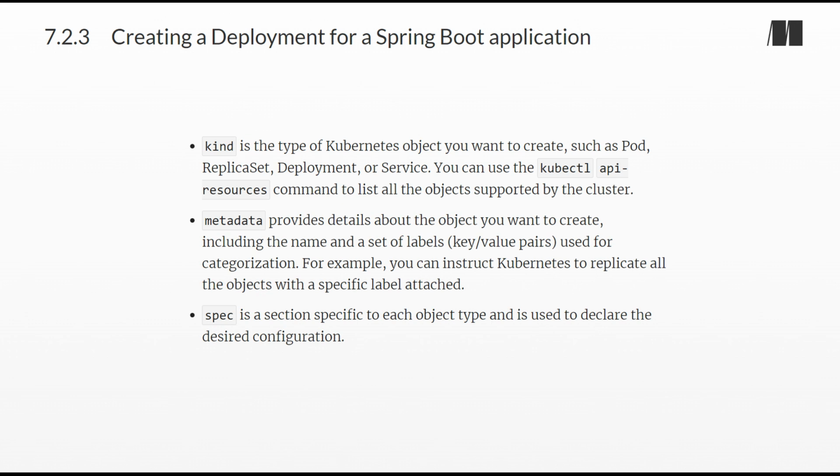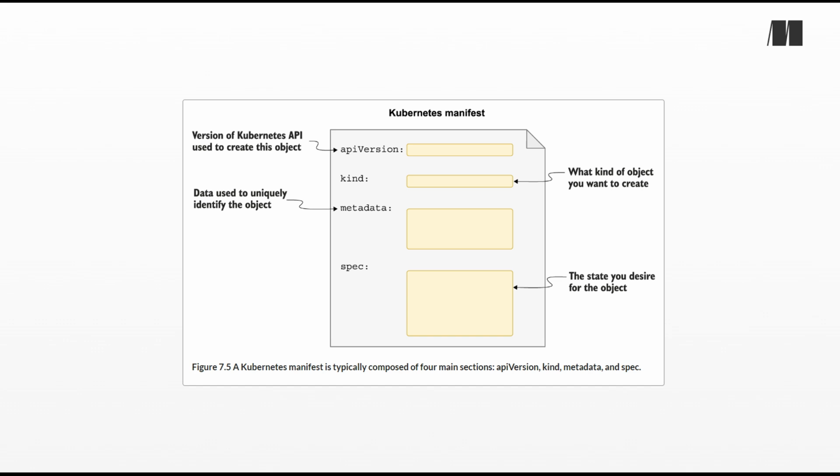For example, you can instruct Kubernetes to replicate all the objects with a specific label attached. Spec is a section specific to each object type and is used to declare the desired configuration. Figure 7.5. A Kubernetes manifest is typically composed of 4 main sections: API version, kind, metadata, and spec.